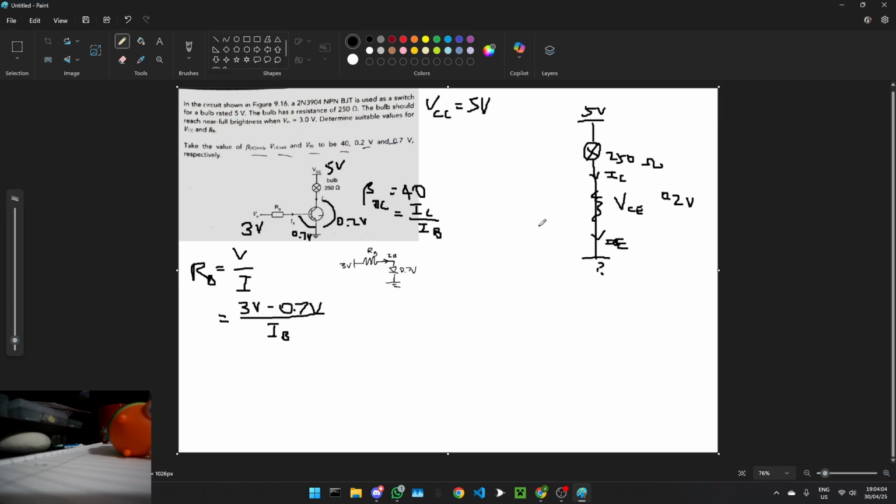Can we do that? Yeah, because using IC equals V over R, we can just take 5 volts over 250 ohms.